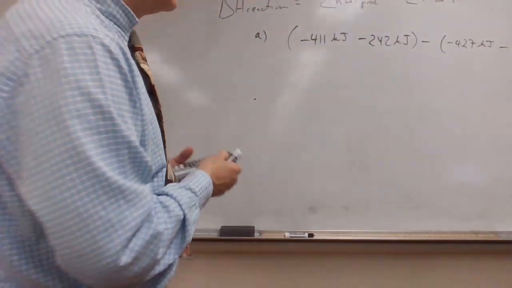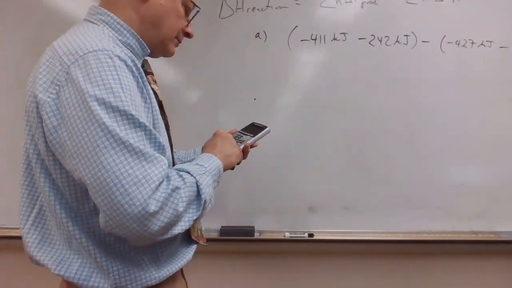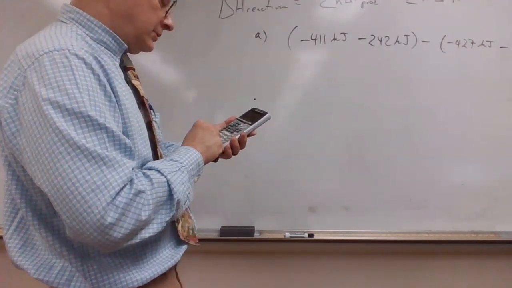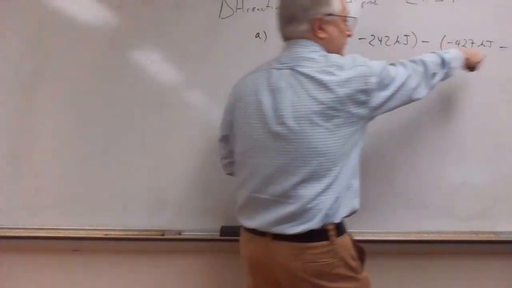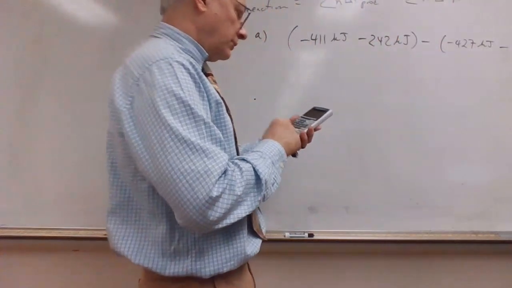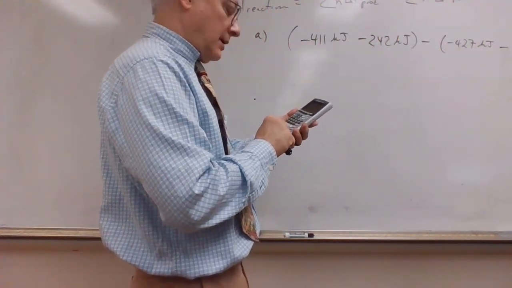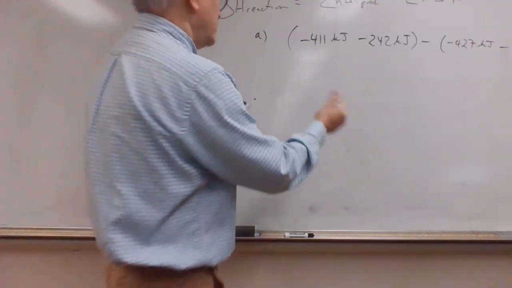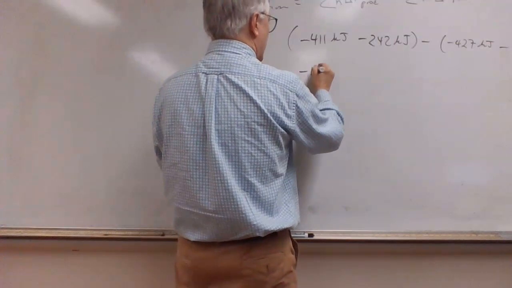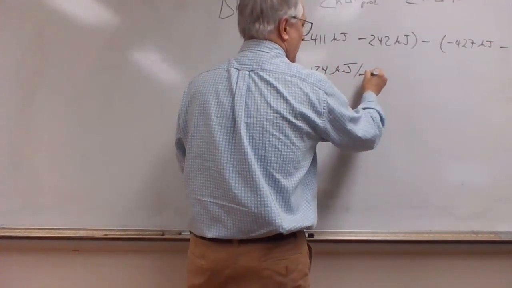All right, so let's come up with an answer for this. We got negative 411 minus 242. And this negative sign will distribute. So then we're going to add 427 and 92. And I get, for this reaction, negative 134 kilojoules per mole.